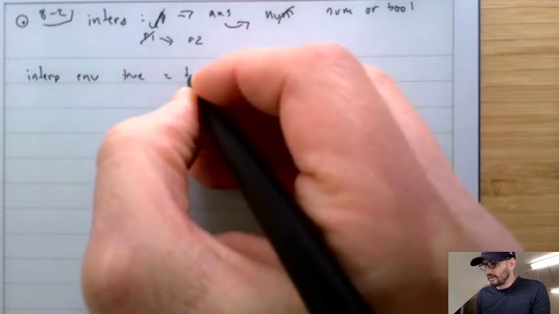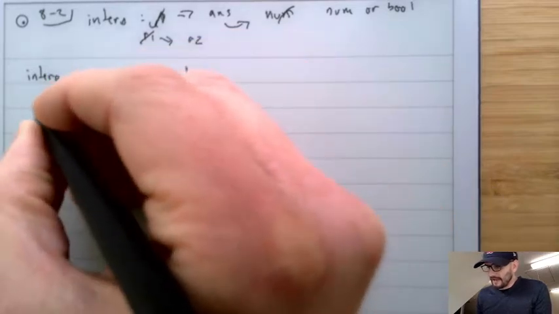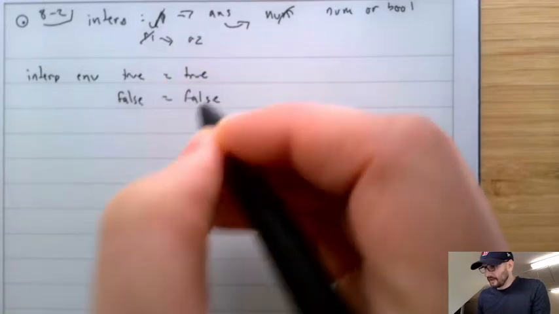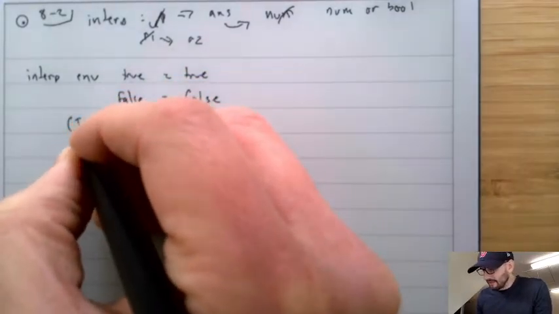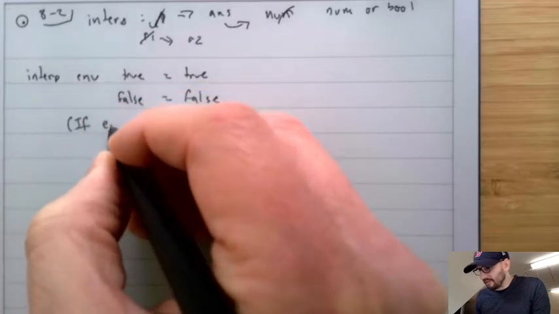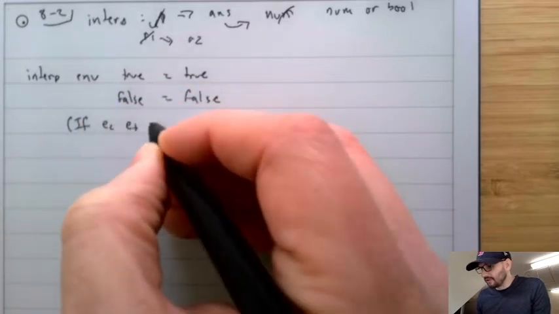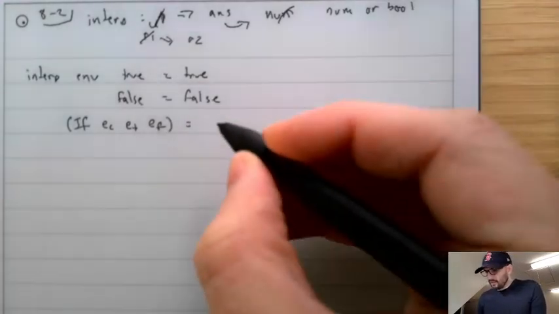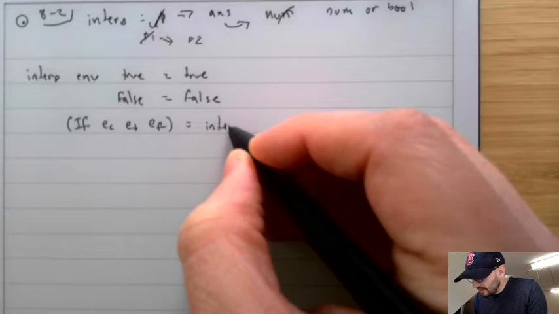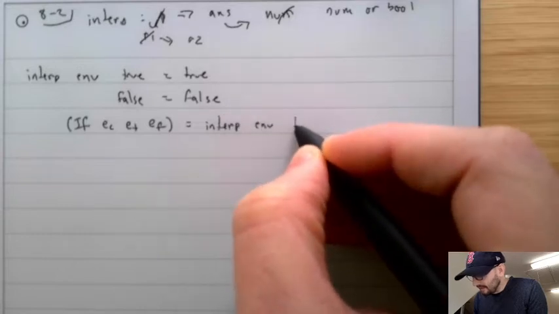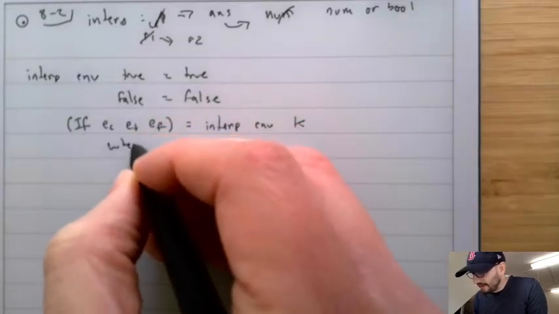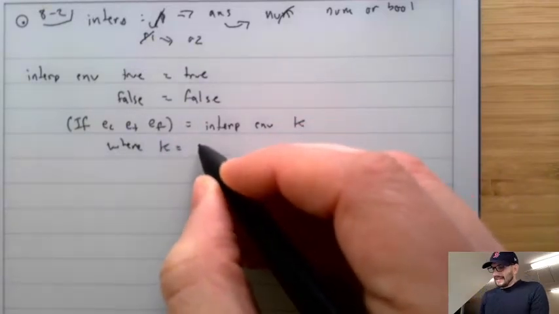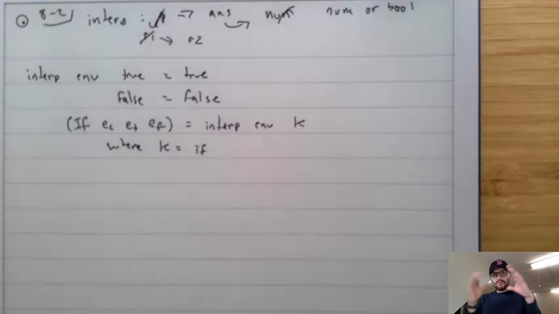So true, of course, becomes true, and when we interpret false, we get back false. When we interpret an if statement that has an expression for the condition, an expression for the true, and an expression for the false, we're going to interpret in the environment, using an if statement in our normal programming language.